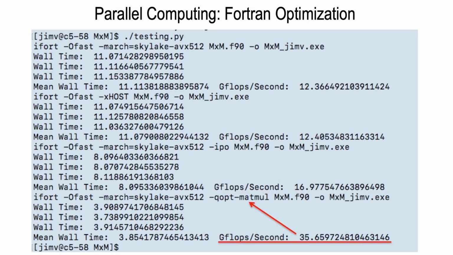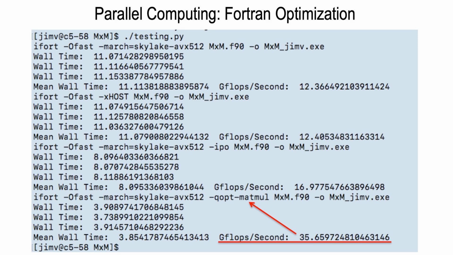The highly optimized routine from the Intel Fortran compiler boosts performance to around 36 gigaflops per second, which is about 3 times higher than in our last video. This performance was measured during a wall time of about 4 seconds.